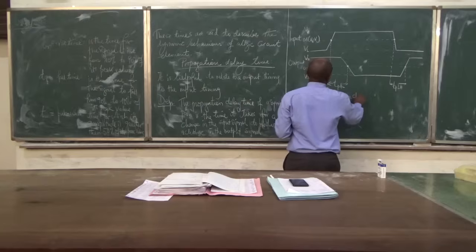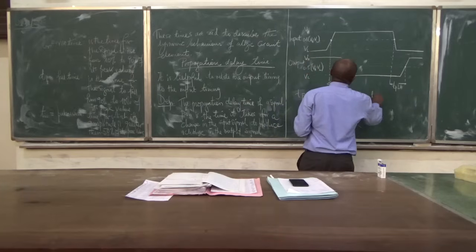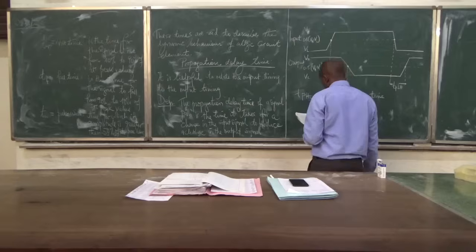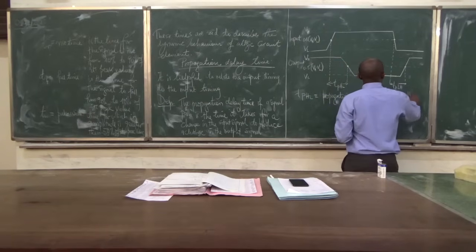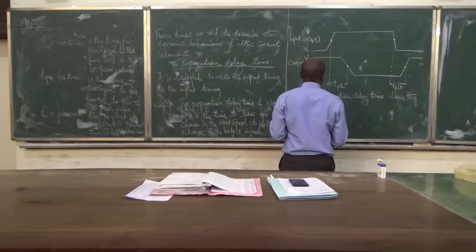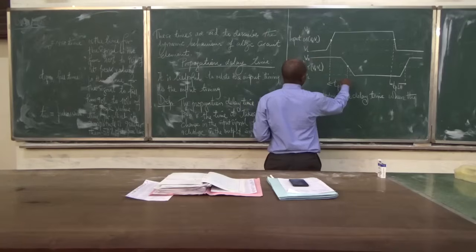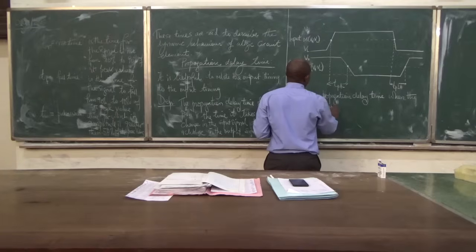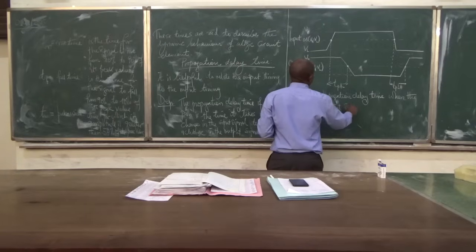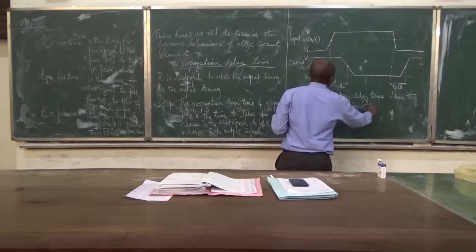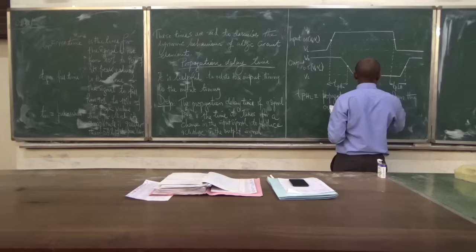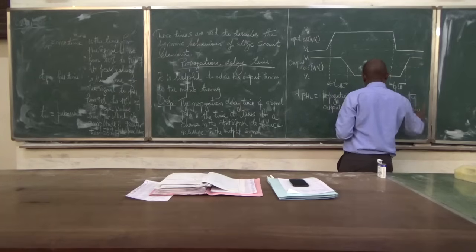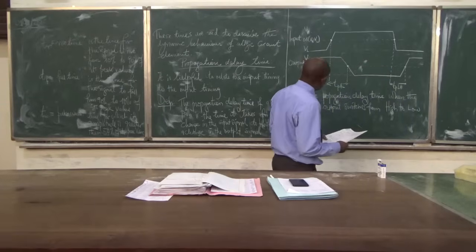Propagation delay time when the output switches from high to low, high to low. That's why we're saying HL.